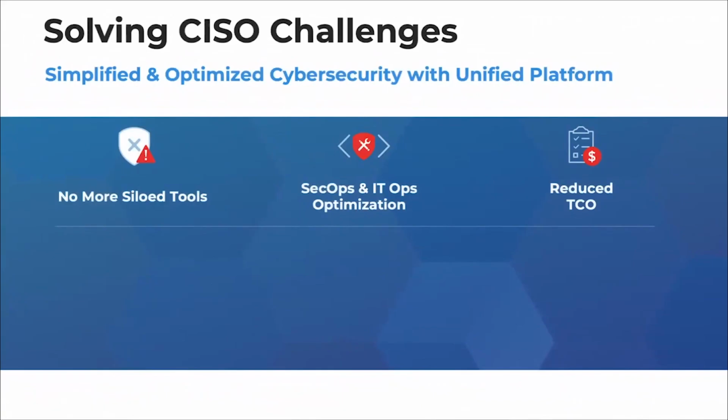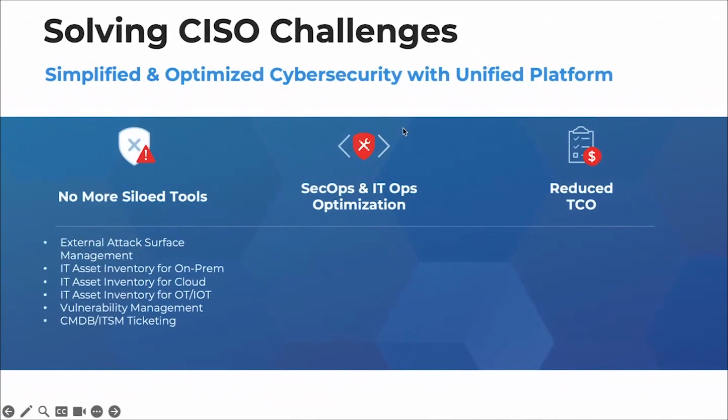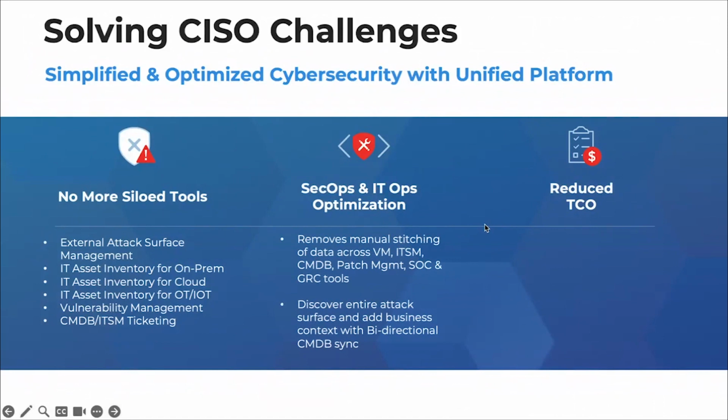So this is certainly helping many modern CISOs in solving some of their challenges, right? As we understand from the customer, today, customers are using many siloed tools, one just for the external attack, one for the on-prem inventory, one for the cloud inventory, one for the OT, IoT, right? What is the result of this? Your resources now have to spend time on this mundane task of stitching together the data across these siloed tools to derive and drive some risk-based prioritizations, right?